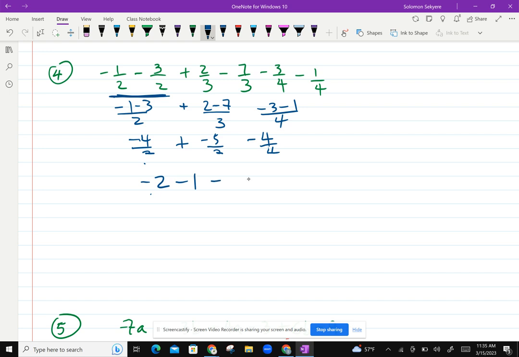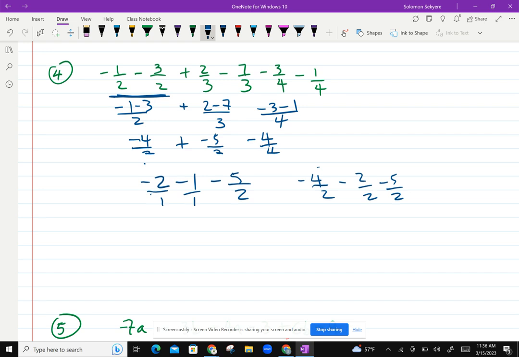And then minus what? 2.5 or 5 over 2, right? Okay, so what do you have? This is over 1. This is over 1, right? So you can say this is the same as negative 4 over 2. We could have just left, let's change this to this minus 2 over 2 minus 5 over 2.